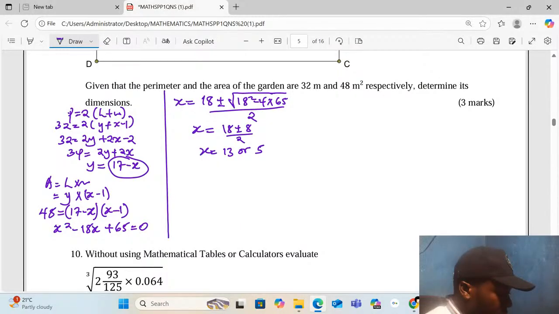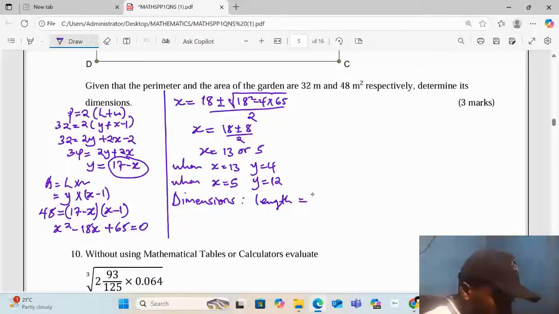Now, when x is equal to 13 and when x is equal to 5, that is how we get it.